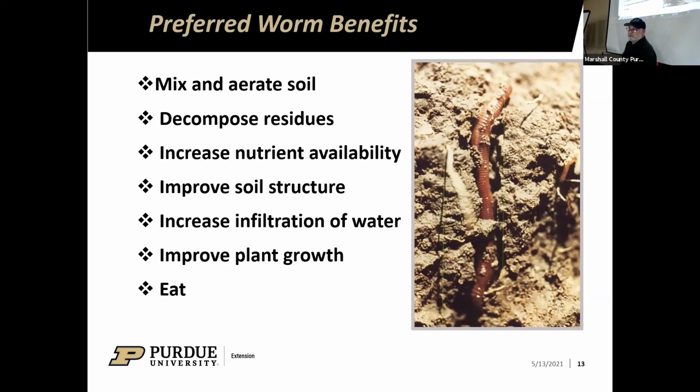So they improve the soil structure by creating macropores for roots and water and air to move deep into the soil, increase the infiltration of water, of course, and all of this improves plant growth. So it's a great way that an invasive animal, they're not native to America, but these invasive animals do a good job of helping to improve our soil structure and nutrient availability and water availability throughout the soil profile.